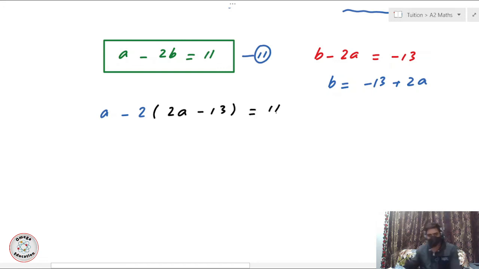Now if we simplify this one, we can find the value of a.